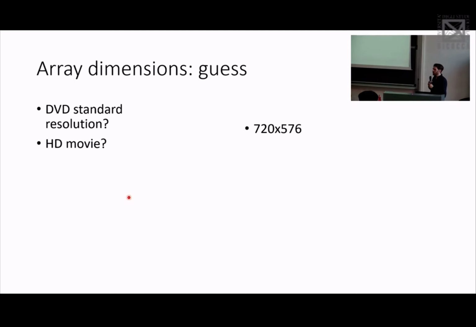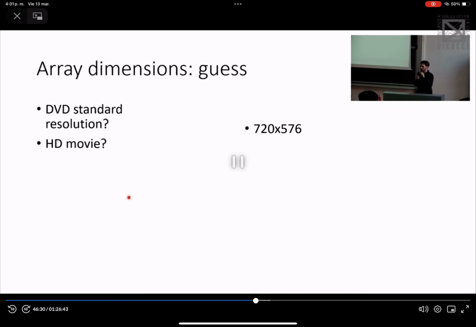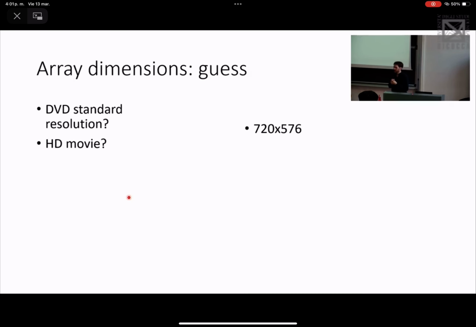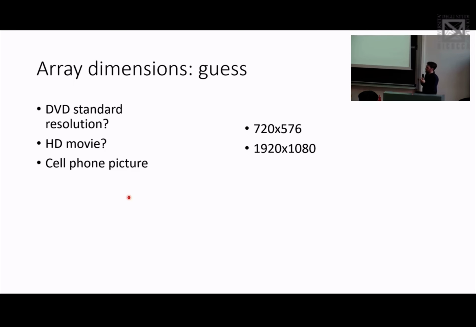An HD movie, you probably might have noticed that even on YouTube, if you click the quality, yes, that's the more standard resolution nowadays. It's HD, which is 1920 times 1080.